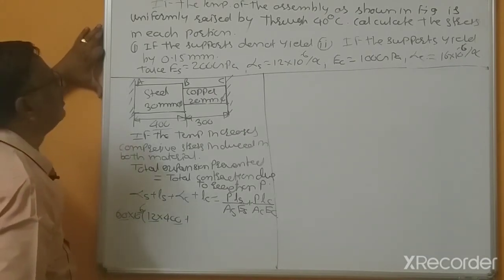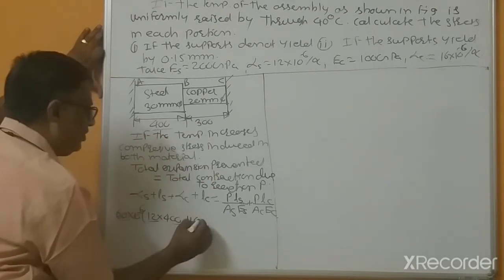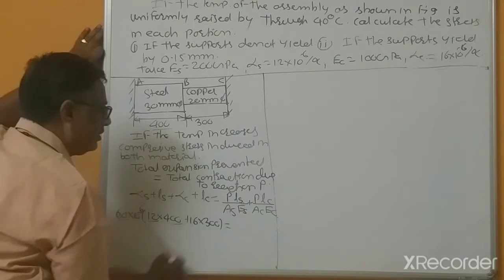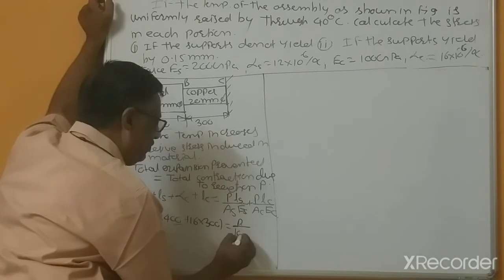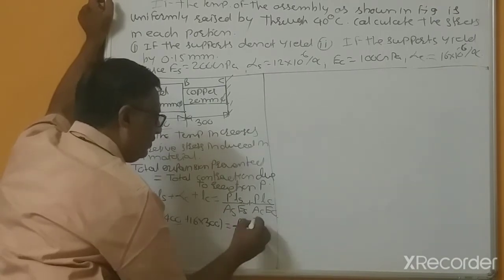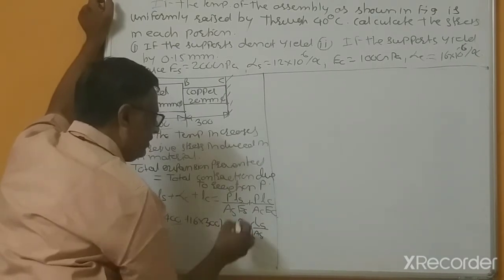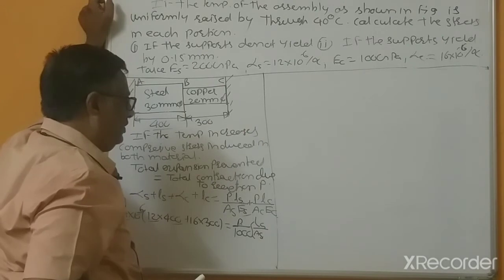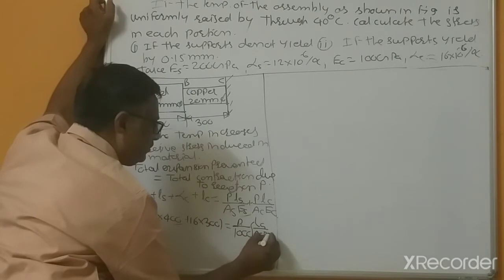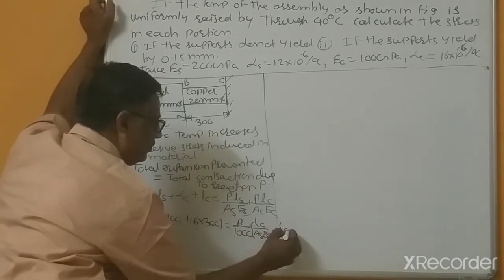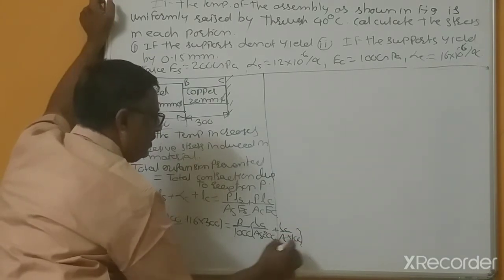Next, 16 multiplied by 300. Here I have only taken common P divided by 1000. And what is remaining? L S over A S E S, where E S is 200, and this is 100.